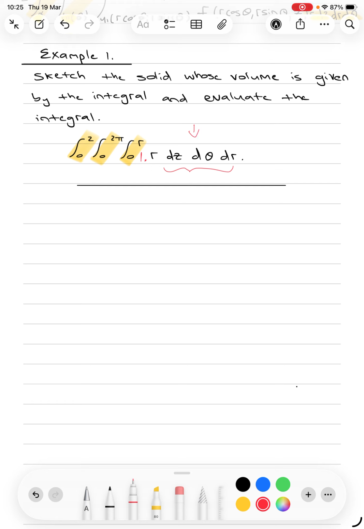The part that confuses students is saying, but there's a function in here, we're not integrating the constant function one. No, there's not a function in there. The r forms part of the formula for a triple integral where we use polar coordinates, remember? So the integrand really is the constant function one.